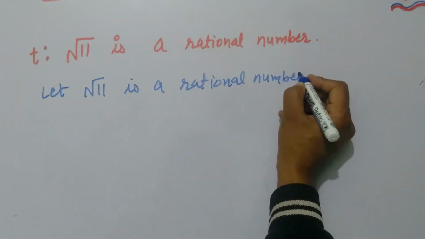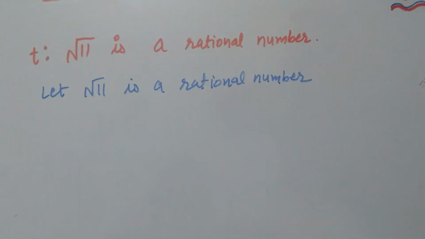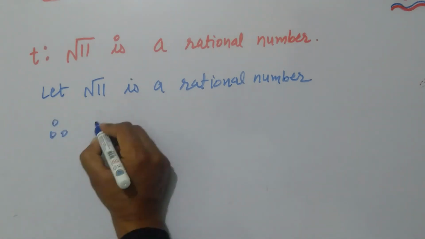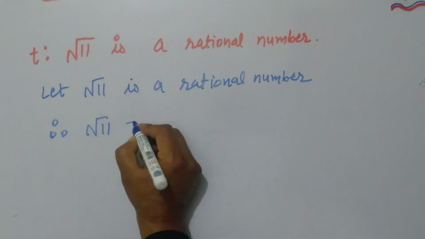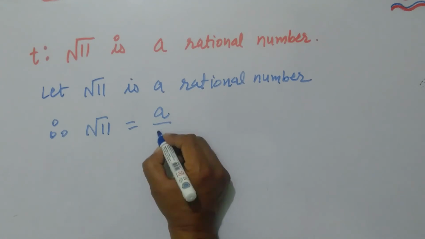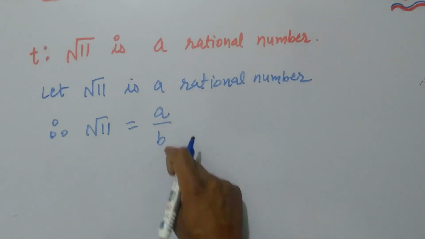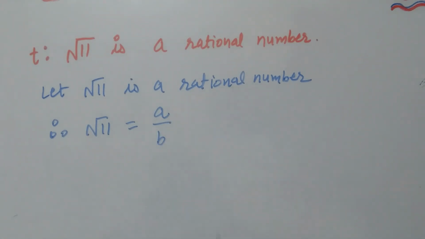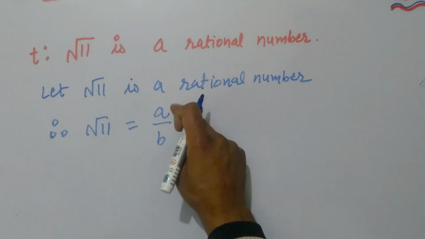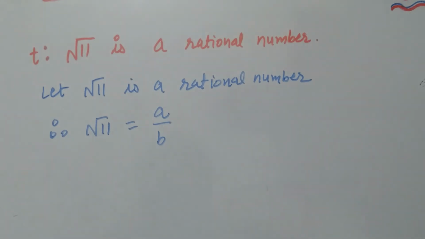Again we suppose, let square root of 11 be a rational number. Now each rational number we can express in the form a upon b, where a and b are integers and they are co-prime to each other. Co-prime means there is no factor which is common between a and b.